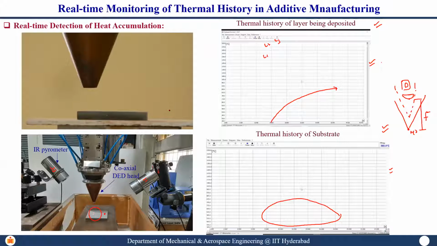But if you are going for the hybrid ones, always remember you need spherical particles. That is the main challenge in this DED process, because you have to blow the powder through the nozzle, and then it has to focus at a particular point. If the powder particles are not spherical, they don't focus.